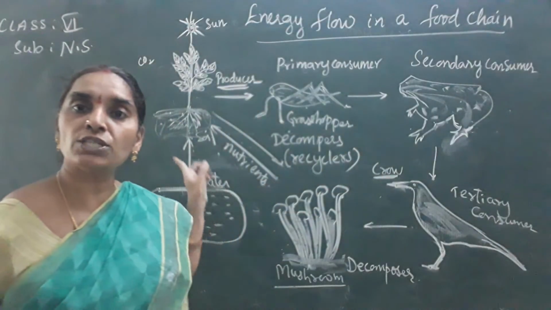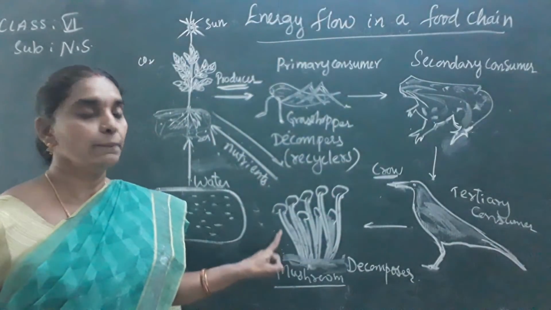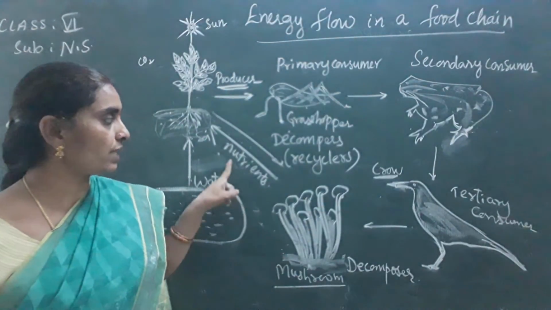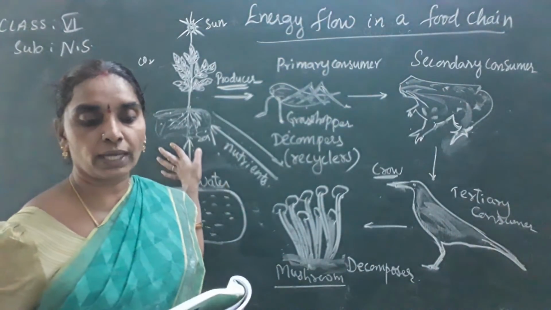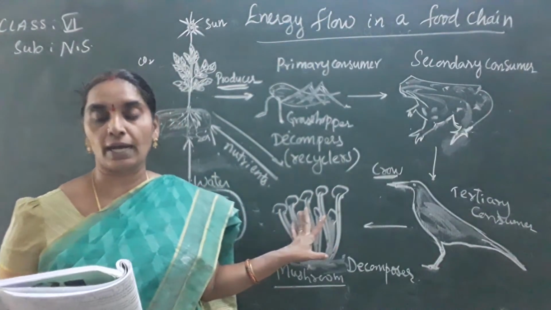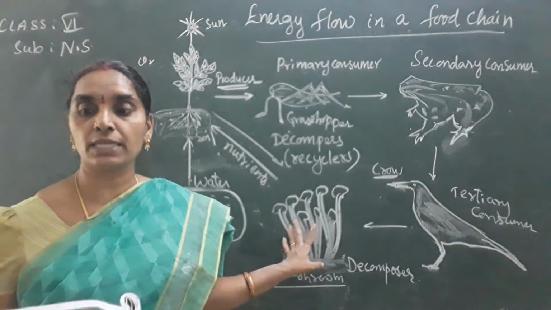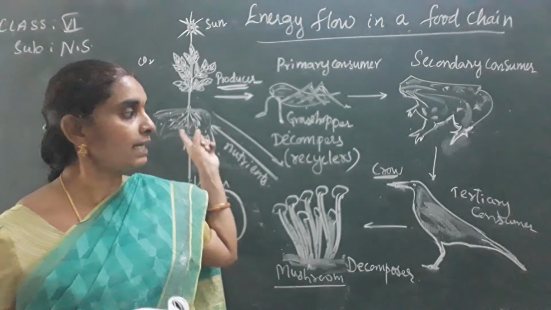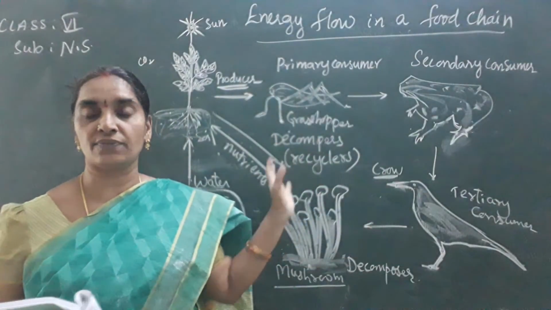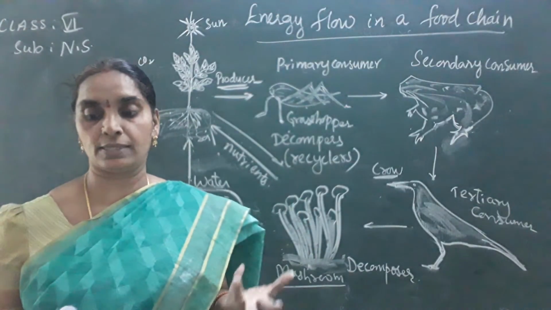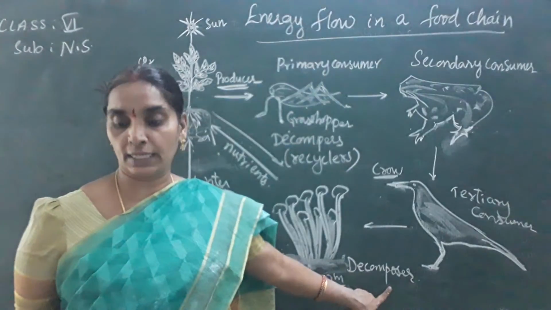Next, what is the role of mushrooms in the given picture, children? Mushrooms act as recyclers as they return the nutrients to the soil. Bacteria and fungi such as mushrooms get energy by the breakdown of the dead plants and animals. So they are called decomposers.